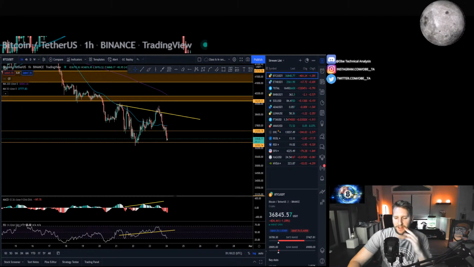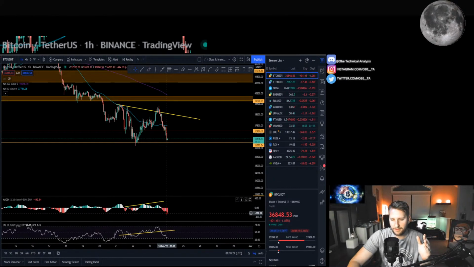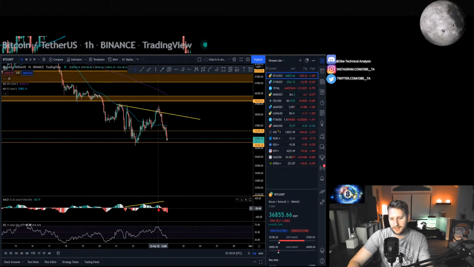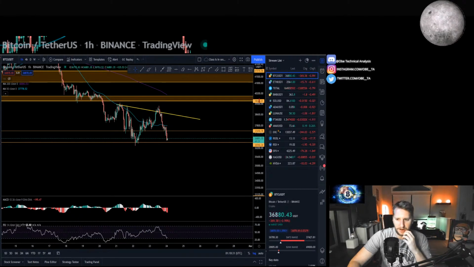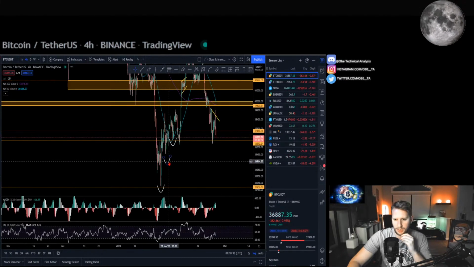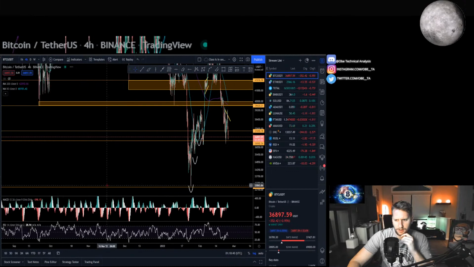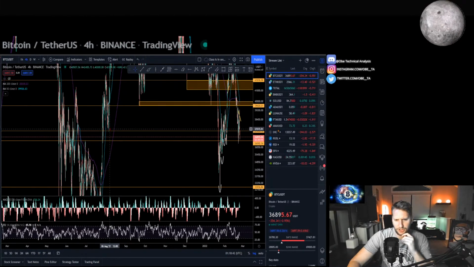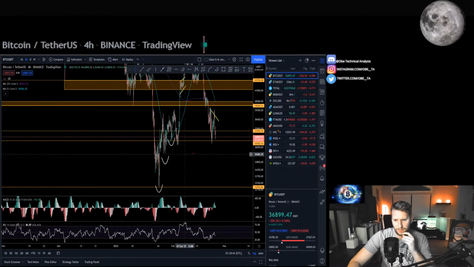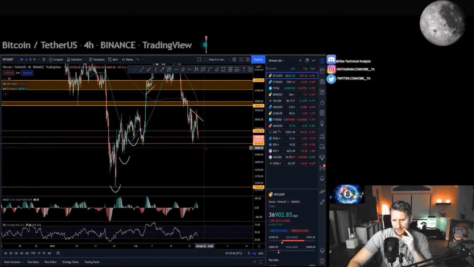Even if the hourly is not getting bullish signals, the dump is kind of just imminent, right? We're grasping for straws here, hoping that this 36,592 support, or not even that, what's below it now, that 36.6, whatever this is down here, will hold.